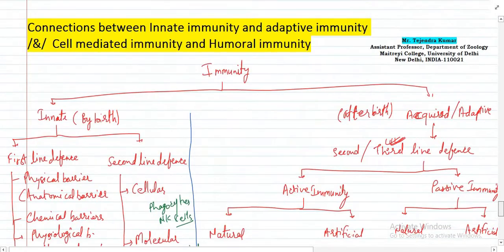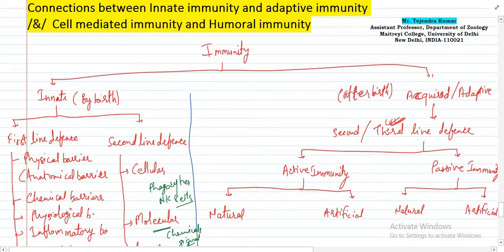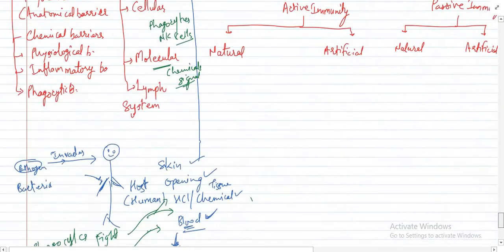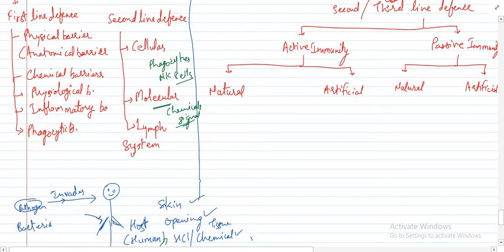So it means when our body encounters the physical barrier and chemical barrier, after these barriers, the signals go onward. So first line defense and second line defense are connected here.